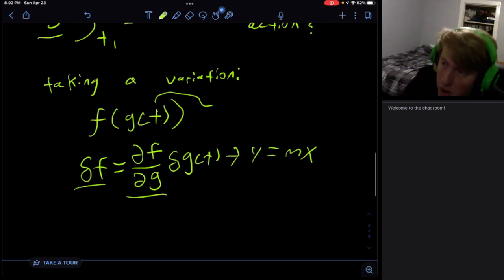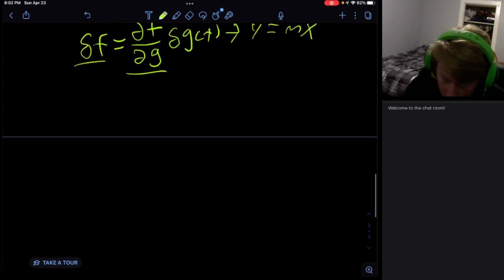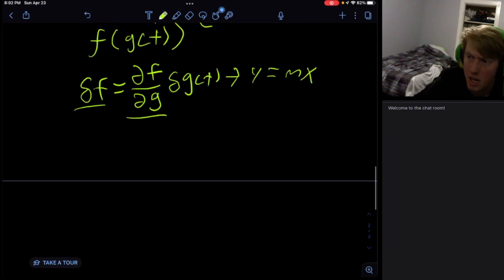So now we're going to apply this principle. And one note to make here that it's not entirely obvious if you're trying to learn this stuff on your own: you can move variations inside integrals.